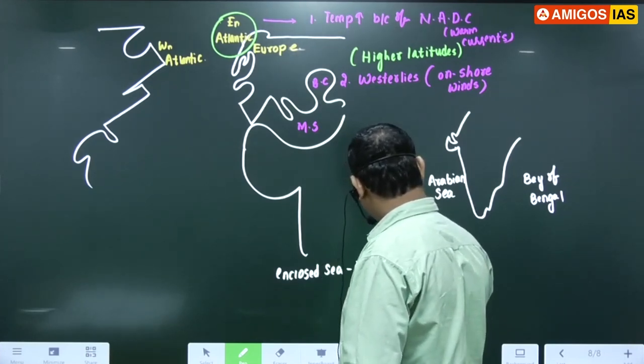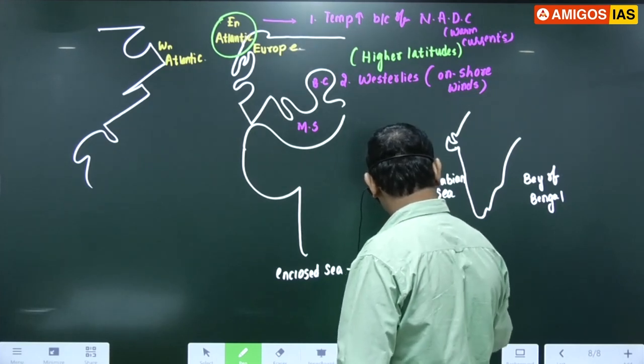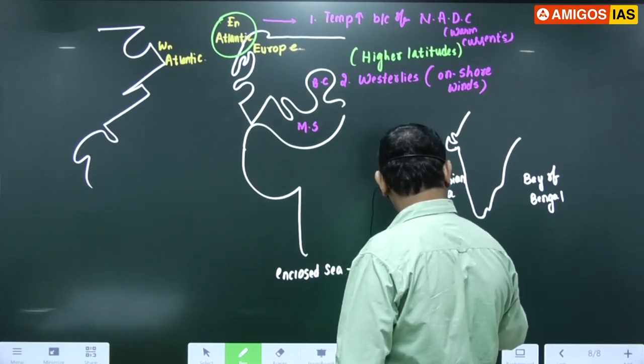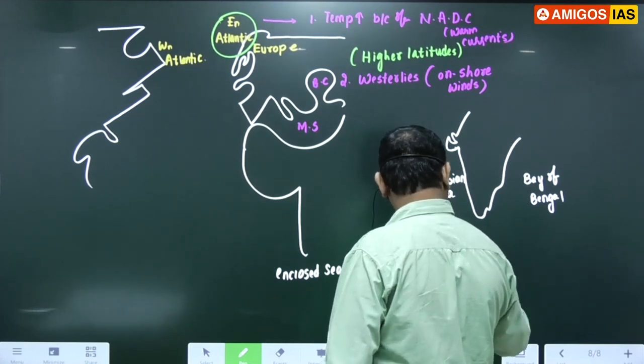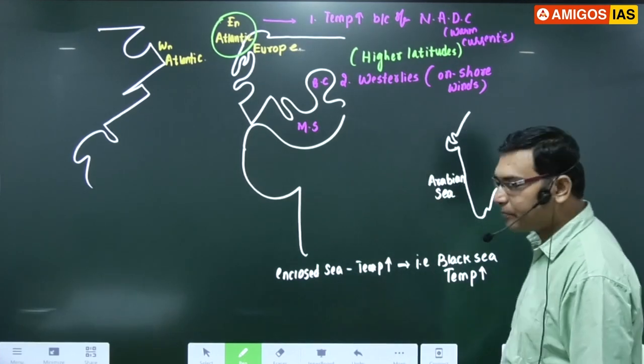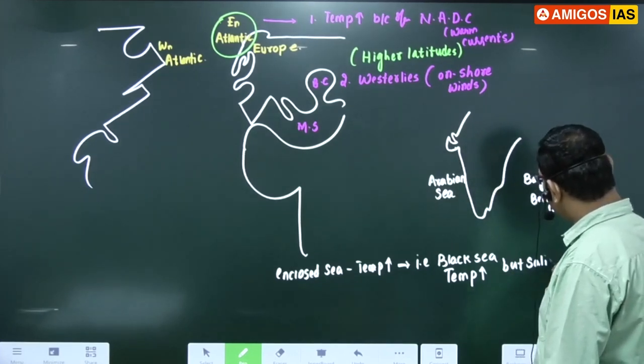That means the Black Sea, which is an enclosed sea, temperatures are more. But salinity is less.